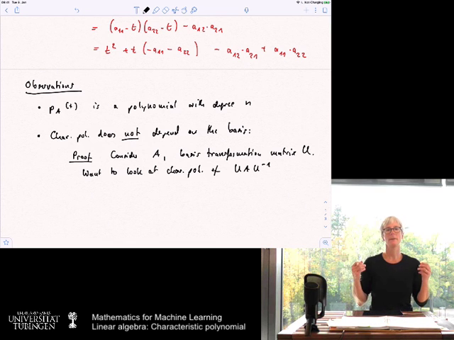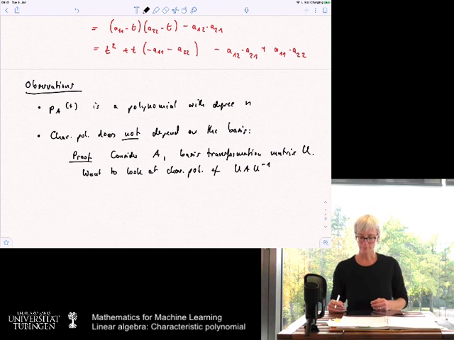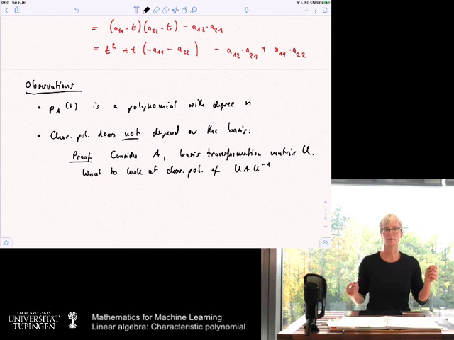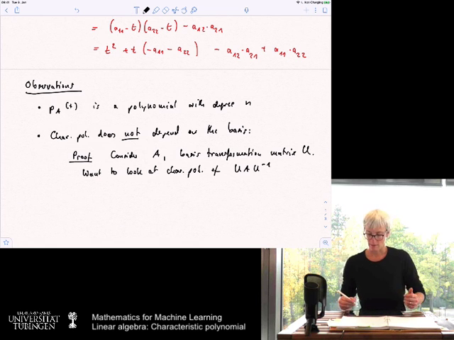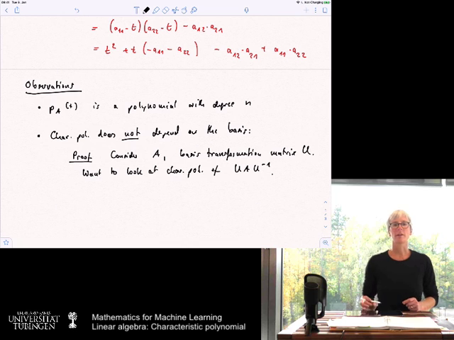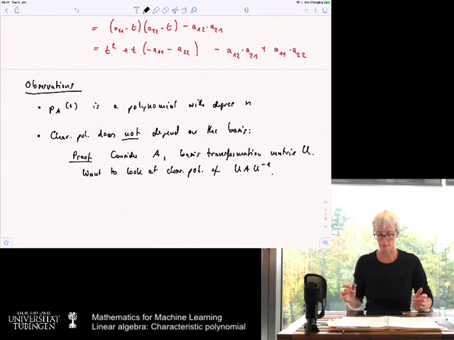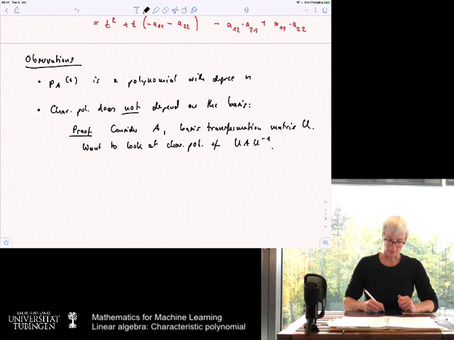So remember, if you do a basis transformation of a linear operator with matrix A, we need to multiply it left and right with U and U minus 1, and then we have the operator in a different basis. And now the question is: is the characteristic polynomial of this matrix the same as the characteristic polynomial of the original matrix A? And now let's simply do the math, and this is surprisingly simple.